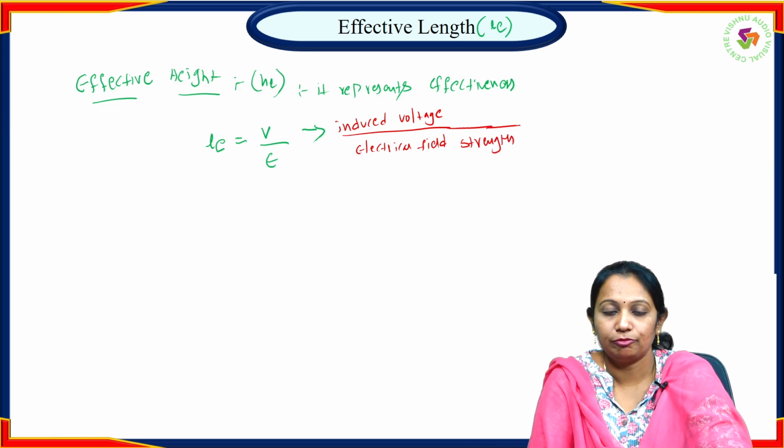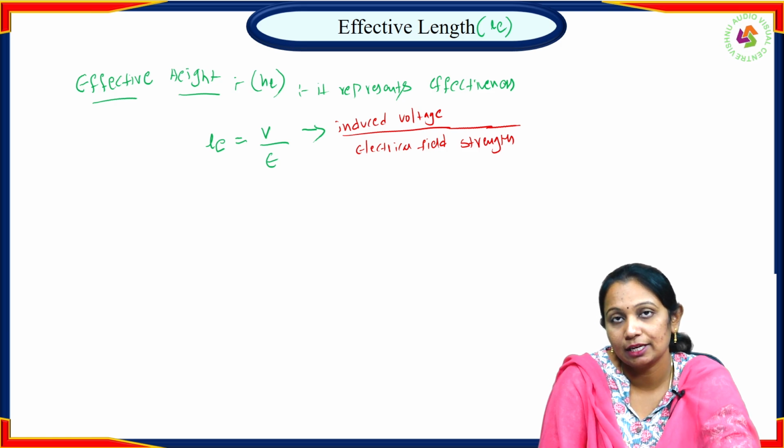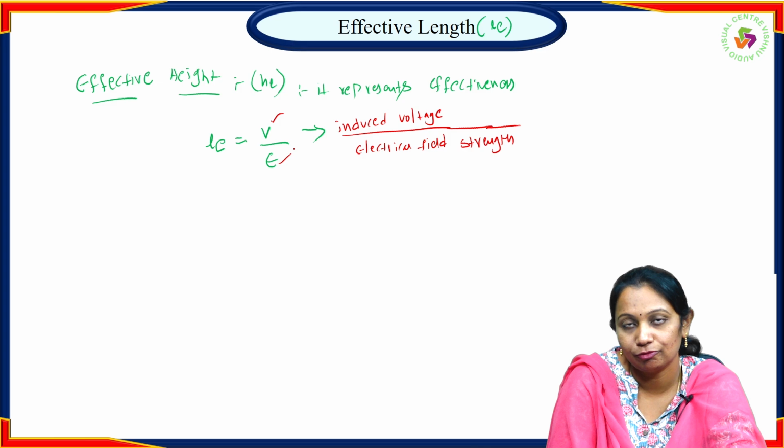So I can define that the effective length is the ratio of the induced voltage to the electric field strength.